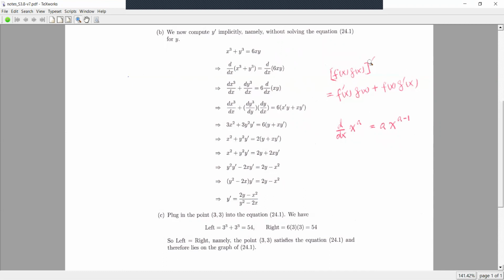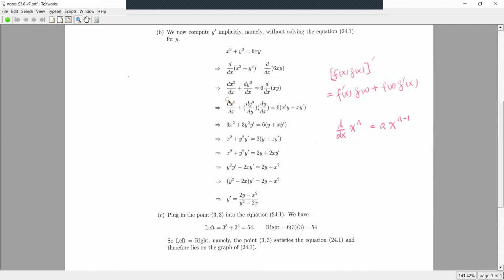So, by the product rule, this derivative is equal to the derivative of the first function x times the second function y, plus the first function times the derivative of the second function. So we have this equation.